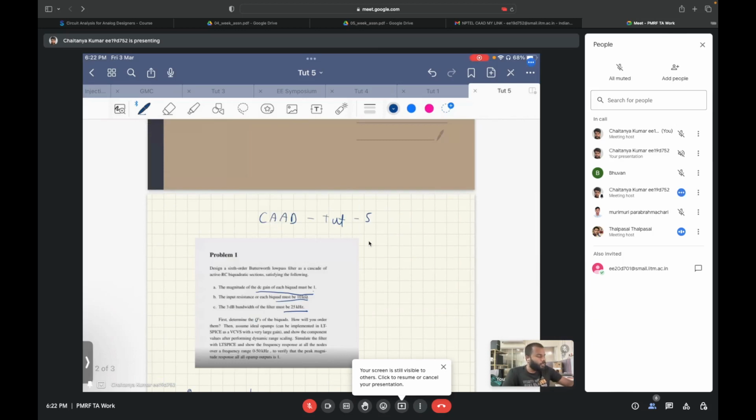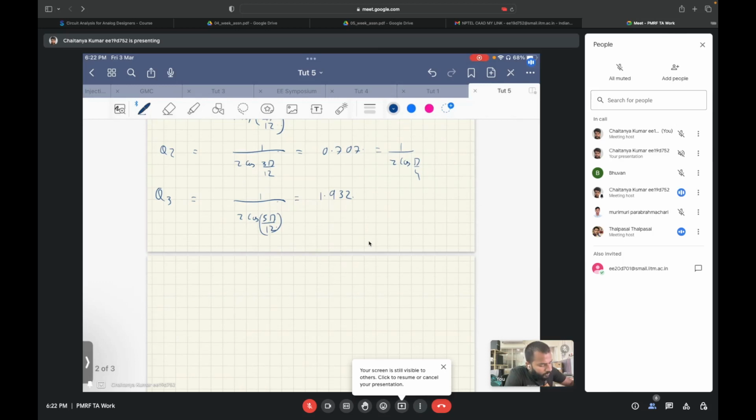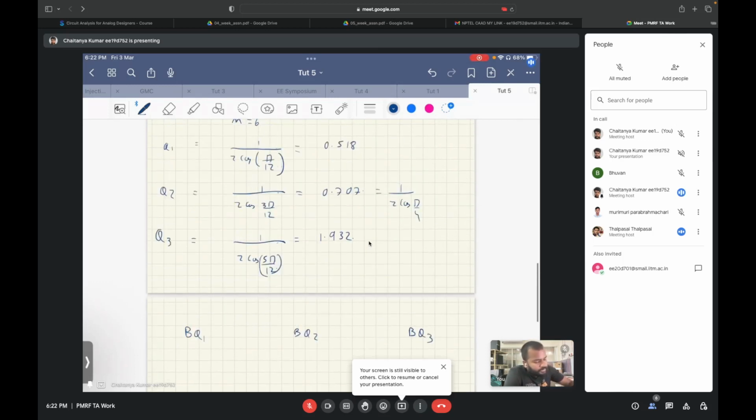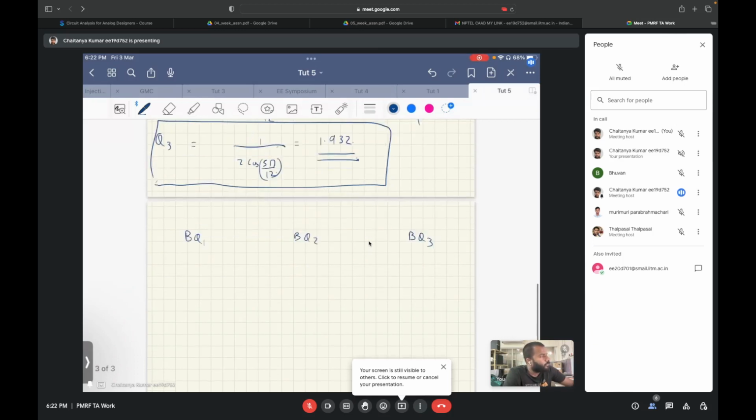So the first question is, how will you order them? Let's say we make these biquads: biquad 1, then biquad 2, then biquad 3. Let's say we put the quality factor 1.932 as the first one. What will happen in that case? What kind of magnitude response do you expect from this kind of quality factor?